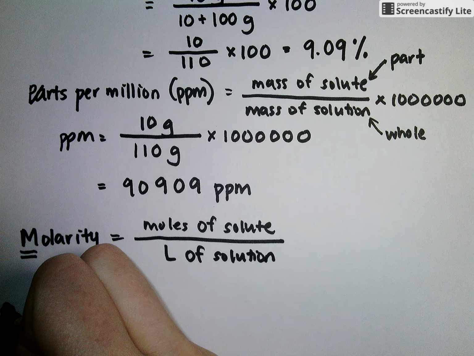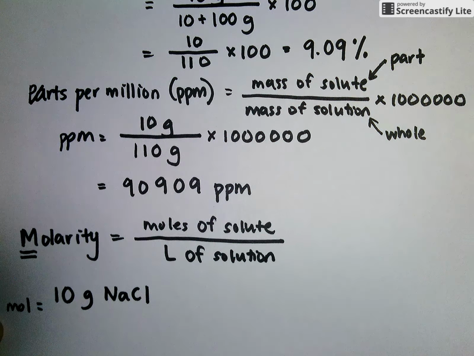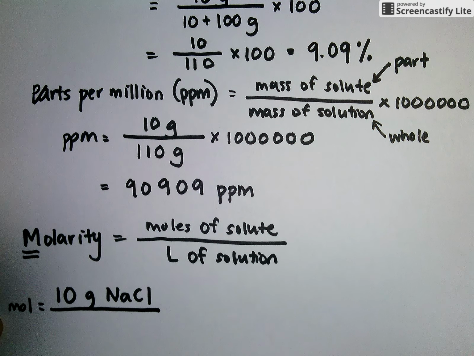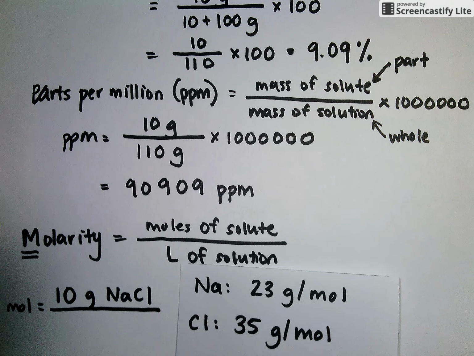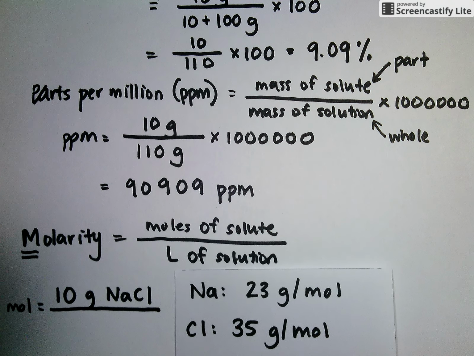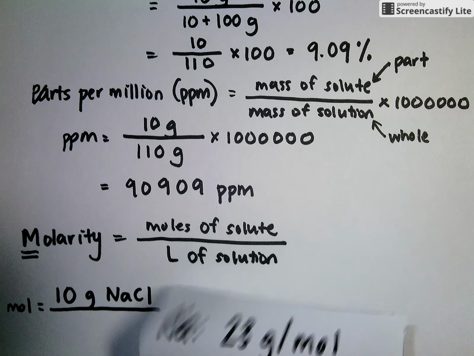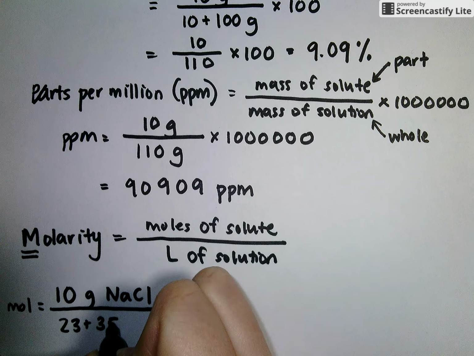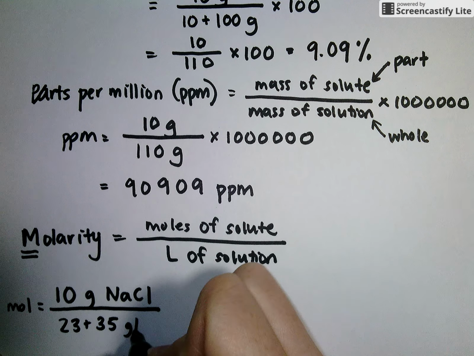So in order to find moles, all I need to do is divide it by the gram formula mass of NaCl. If you go to your periodic table, you're going to find that the mass of Na is 23 grams per mole, and the mass of Cl is 35 grams per mole. So down here, we'll have 23 plus 35 grams per mole.